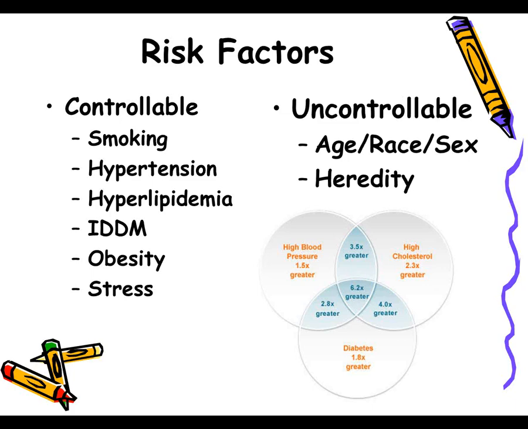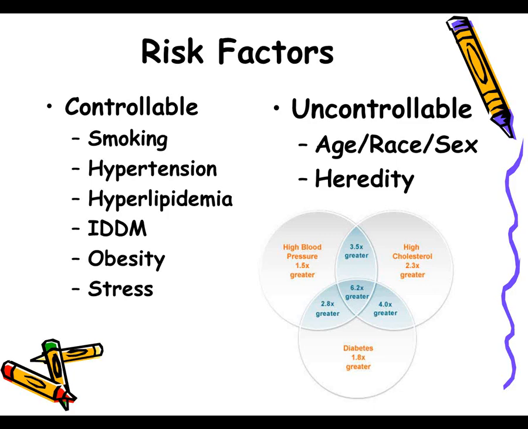There are some things that are uncontrollable. The older we get, the more likely we could have an acute coronary syndrome. Pacific Islanders and African Americans have a 2 times greater risk of heart disease than other races, and I think in part it's because they have a higher risk of hypertension, high cholesterol, diabetes, those sort of things.